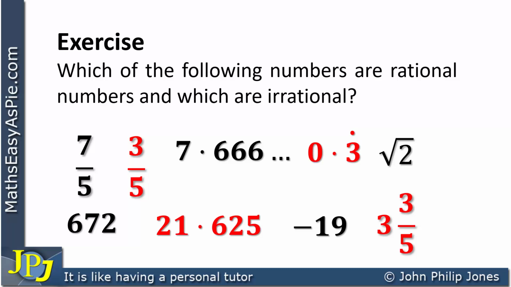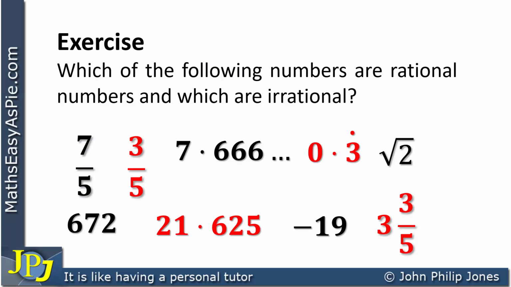Returning to the exercise we saw at the beginning of the video, and to remind you what it said, which of the following numbers are rational numbers and which are irrational numbers? Now we have enough information to be able to identify the rational numbers, but I haven't yet explained what we mean by an irrational number.